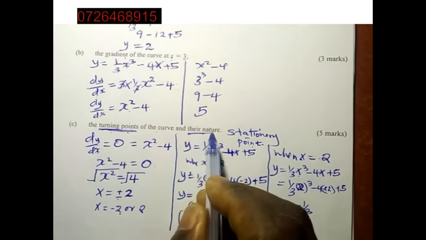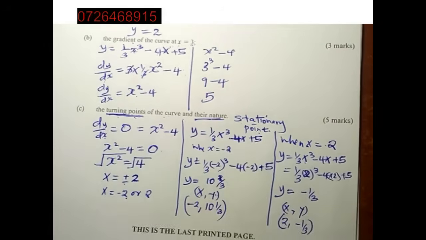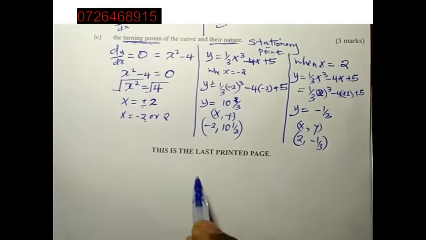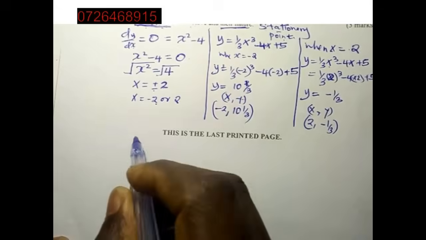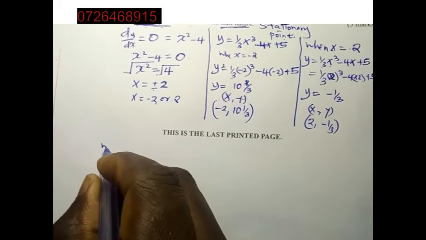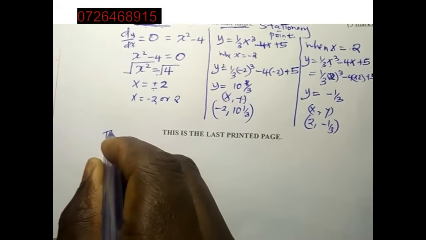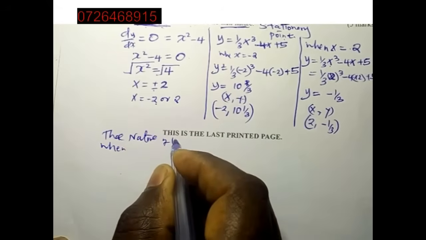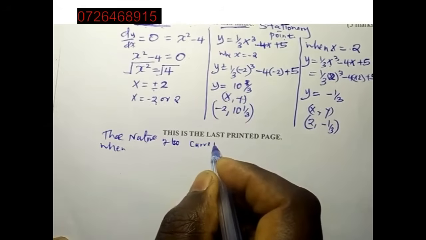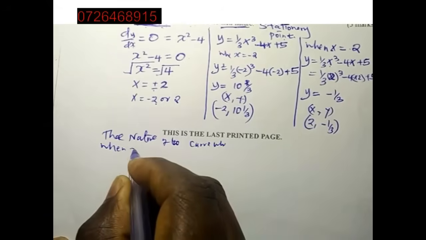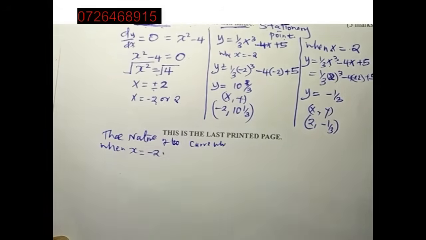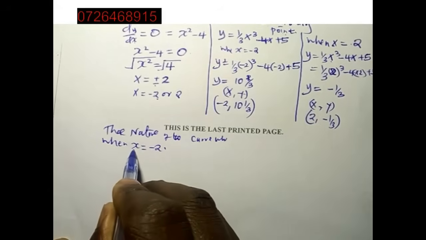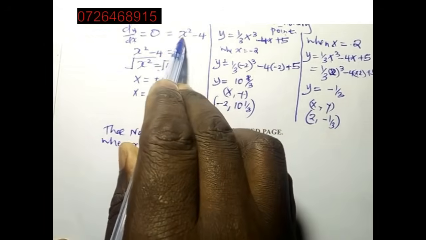And now finally, we are going to check for the nature of the curve. So we will start when x is equal to negative 2. When you want to check the nature, remember this x is equal to negative 2 is from our gradient function.